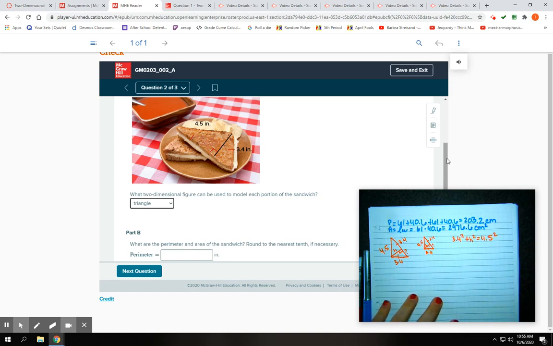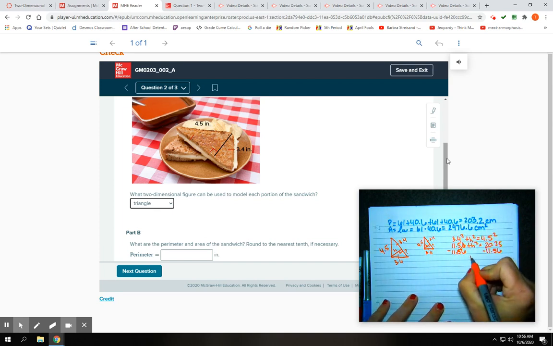Okay, so 3.4 squared is 11.56. 4.5 squared is 20.25. I'm going to subtract 11.56 from both sides so I can get h squared by itself.